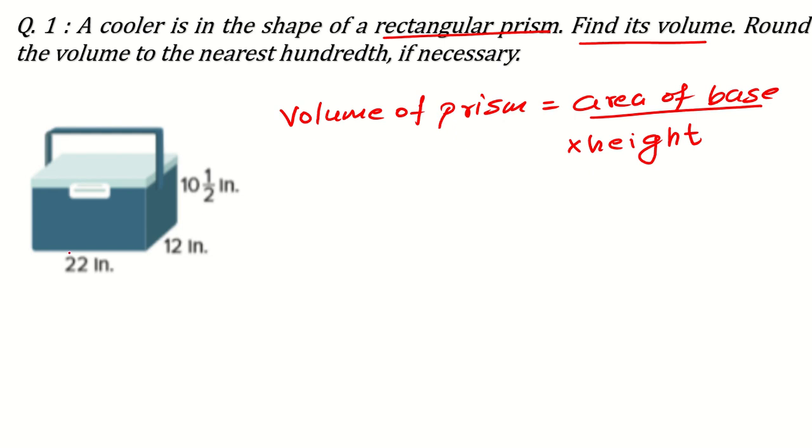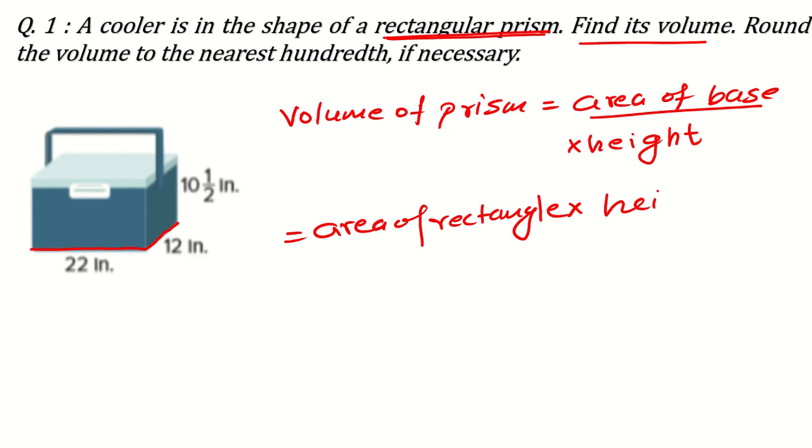So here, what is the base? Base is a rectangle. Why? Because it is a rectangular prism. So it will be area of rectangle multiplied by height. Now, area of rectangle, if you remember the formula, is base multiplied by height, and here the height of the prism and the rectangle's height are different.